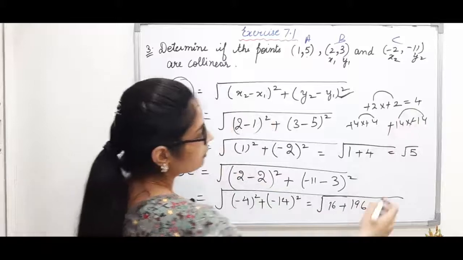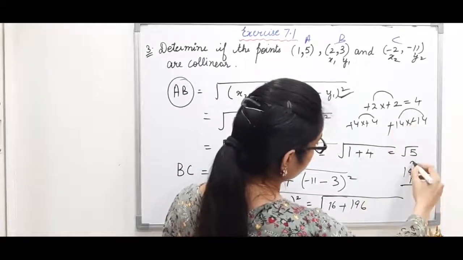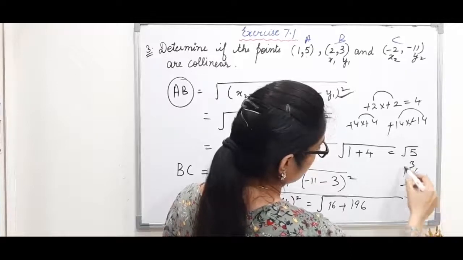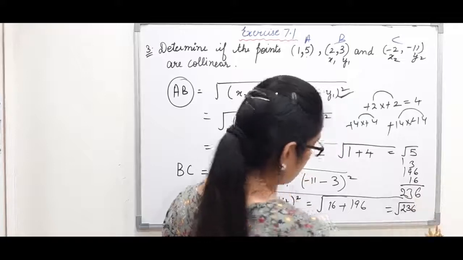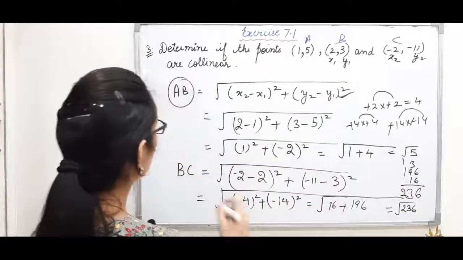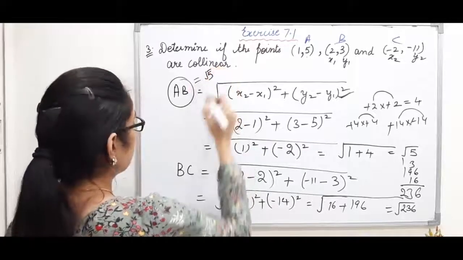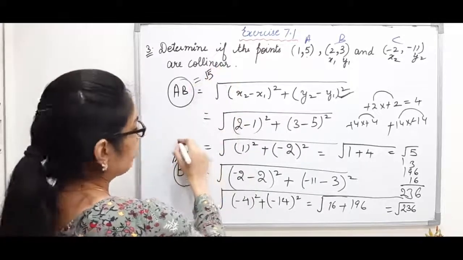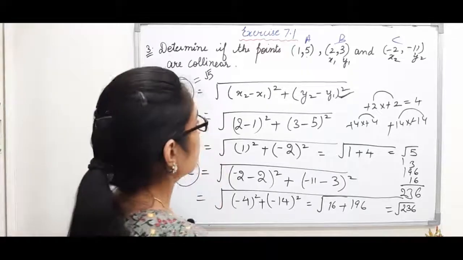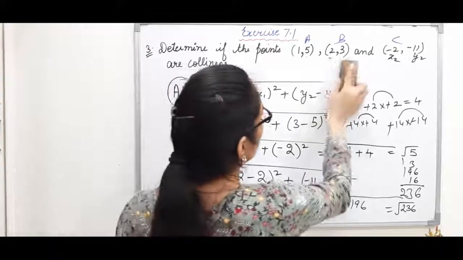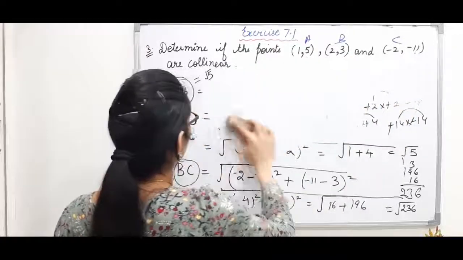So we can add 196 plus 16, and we will get root 236. So here we will write the values: AB I got root 5 and BC I got root 236. Now let's find AC. For AC you have to see the values of x1, x2, y1, y2.